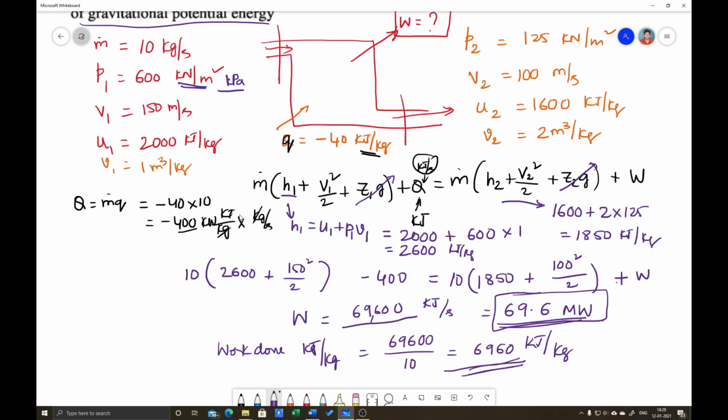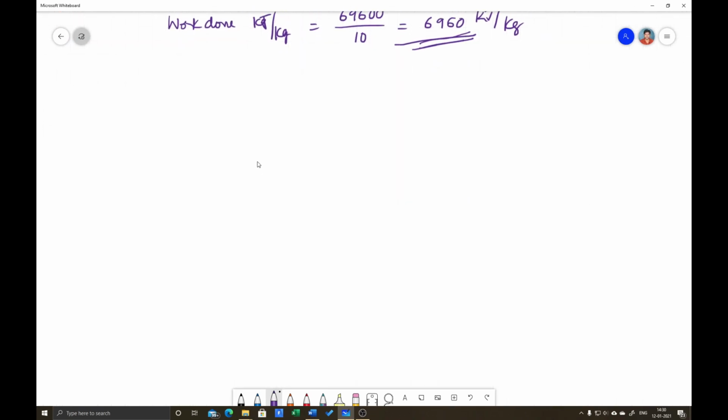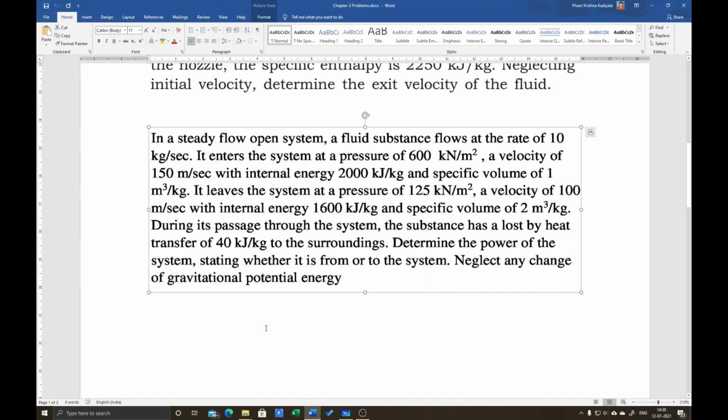So from all this you have to observe that this formula is very important for you and you have to remember this for any SFE or application of SFE. We'll try to solve another problem in same lines.